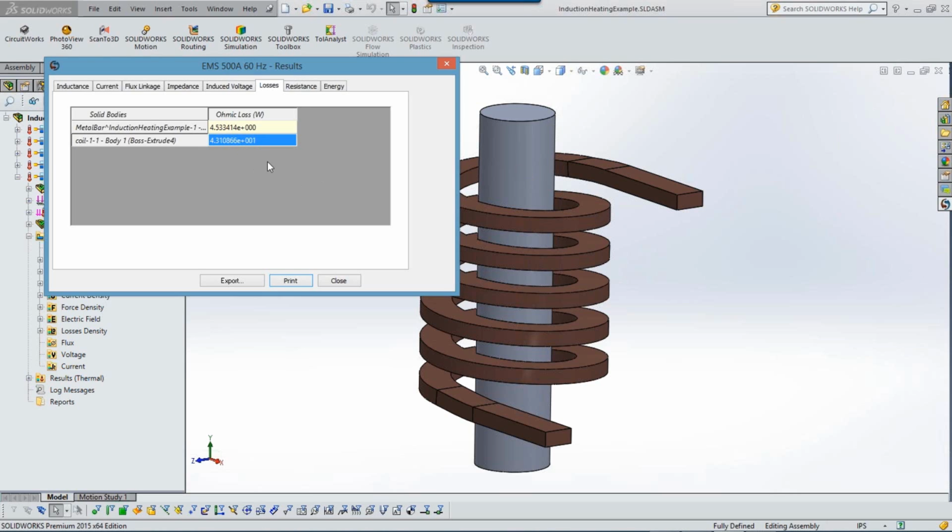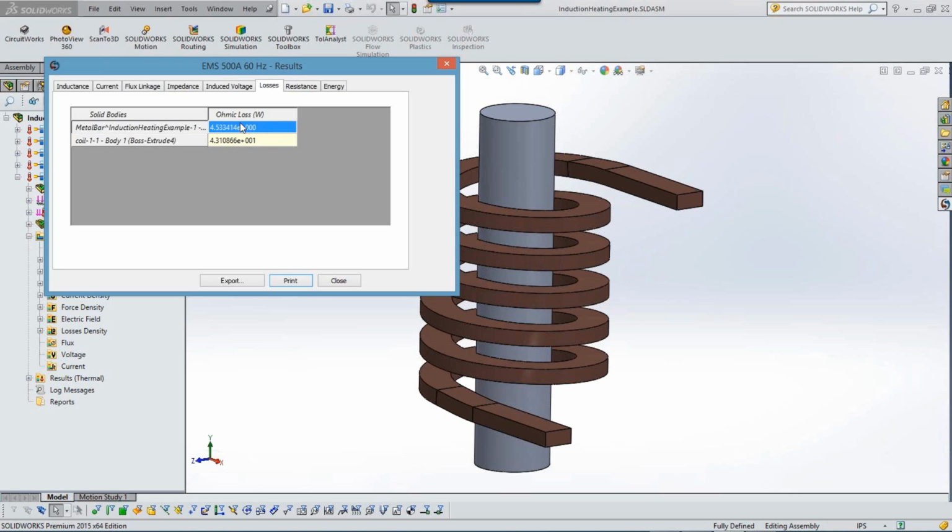So the program automatically calculates that. One thing to take care of is that EMS will be able to predict the skin effects and the AC effects. So the AC resistance and the loss here reflect the true loss and not just the DC loss.